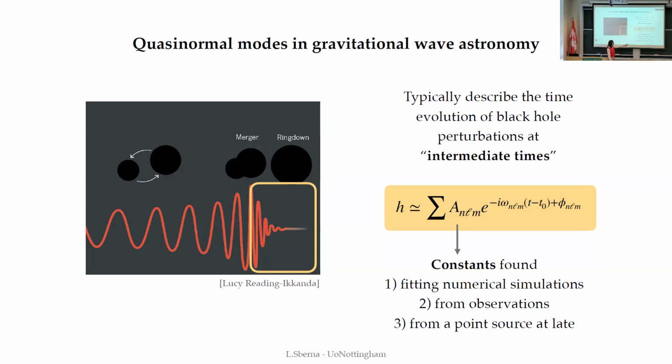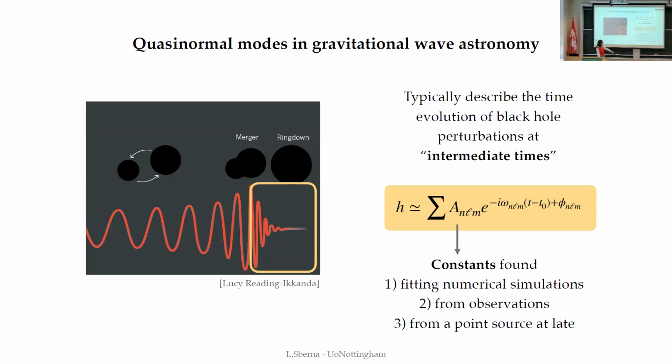Or they can be modeled in some cases, assuming that the secondary black hole is very small, is just a point source plunging into the primary black hole. There are, of course, clear limitations to this because in the full waveform, we want to connect the ringdown to the previous stages of binary evolution.